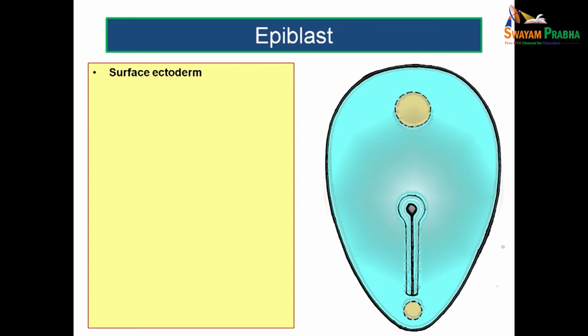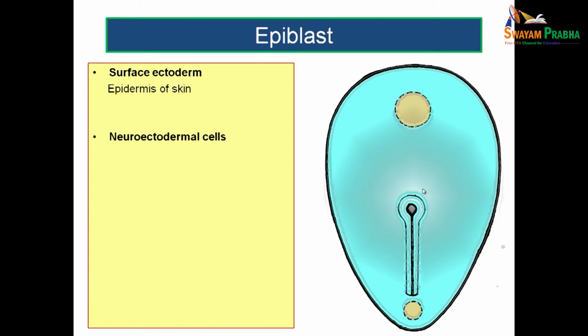Now, we will see the details of epiblast. This is the view from above. When you remove the amniotic membrane and see from above, this will be the view of epiblast. The epiblast will be differentiating into a layer known as surface ectoderm, from which you have the formation of epidermis of skin.